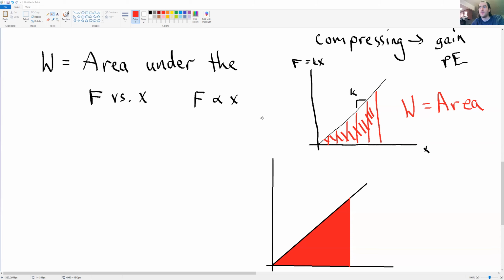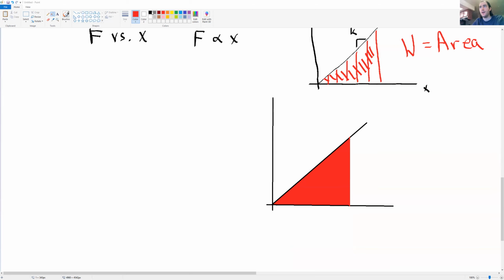Since we do have a straight line here, I already drew a secondary picture here. Since we have a straight line, which is F equals KX, we have a triangle that we want to calculate the area under.